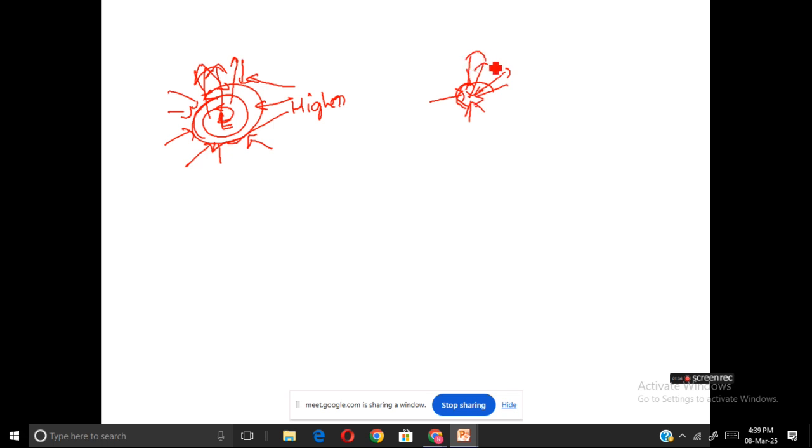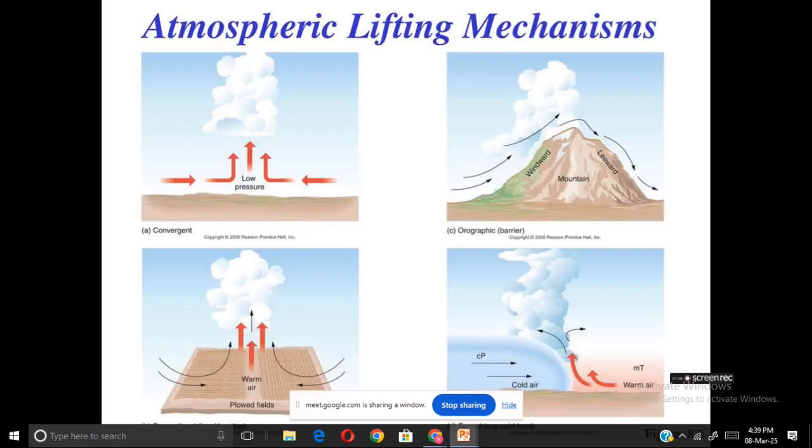So lower level convergence generally leads to the lifting of air parcels from the surface, because all the air from the surrounding comes towards this low pressure and accumulates in those regions, so it will eventually lift up.